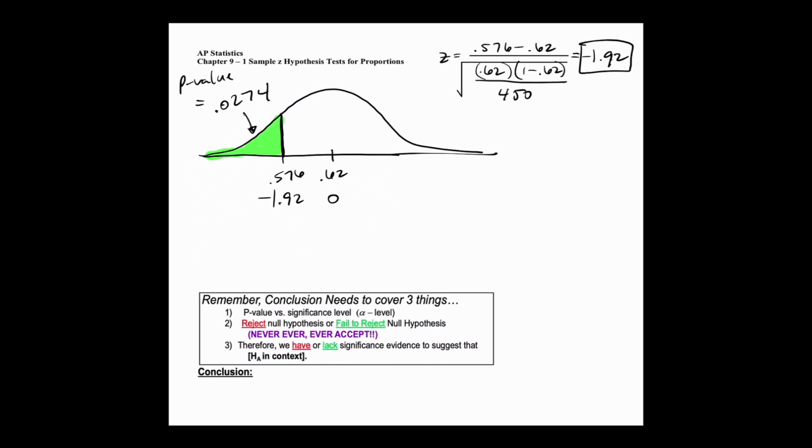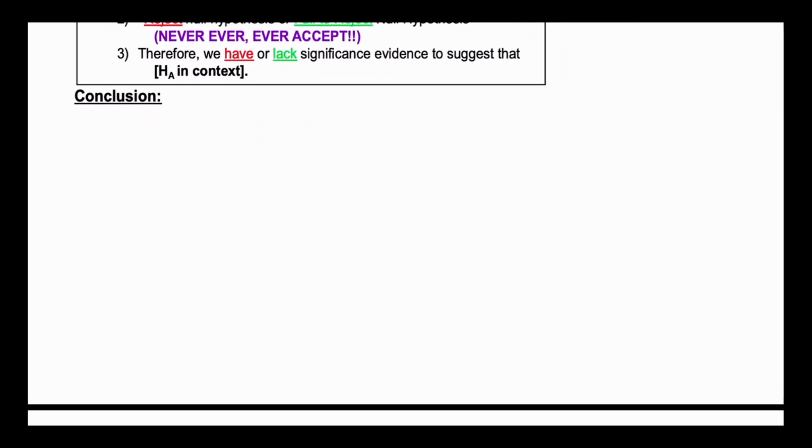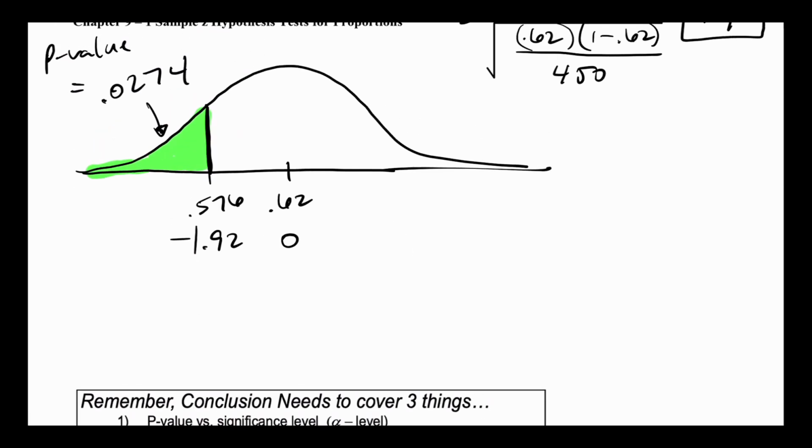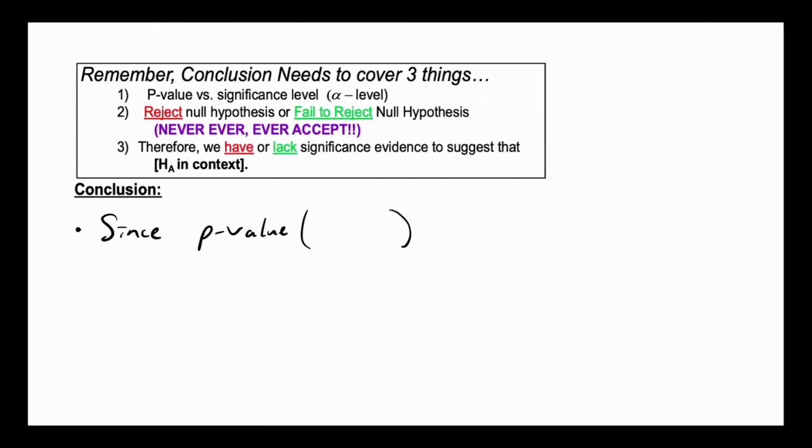Okay, so let's do the first thing. Since p-value, our p-value was 0.0274.